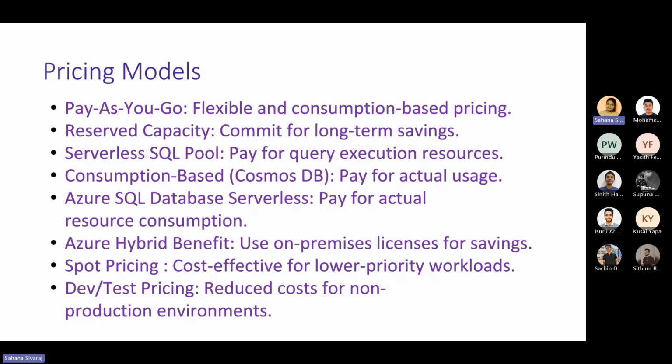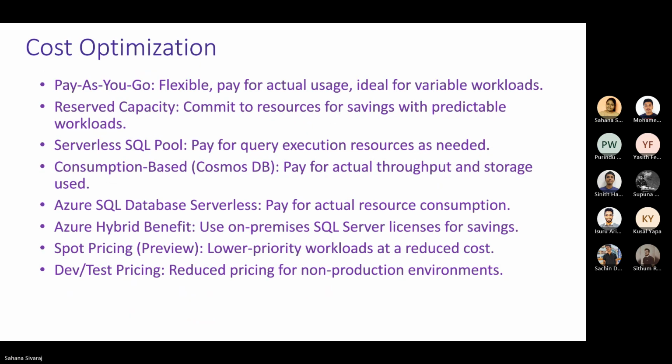So next, I'm going to explain how these pricing models can be optimized by reducing the cost. Pay as you go pricing, which I already explained, is the commonly used pricing model.